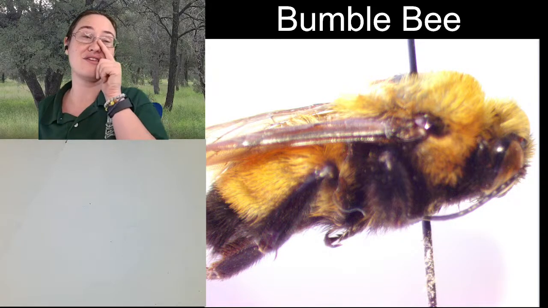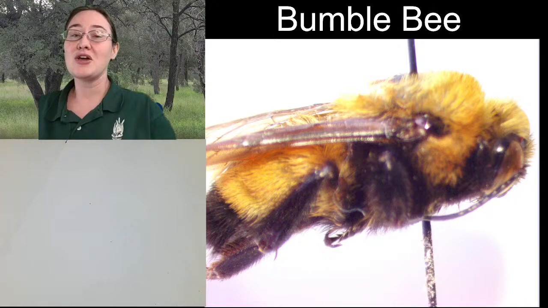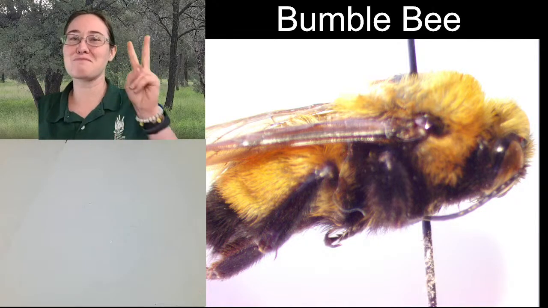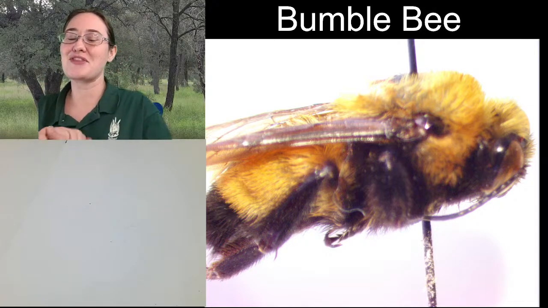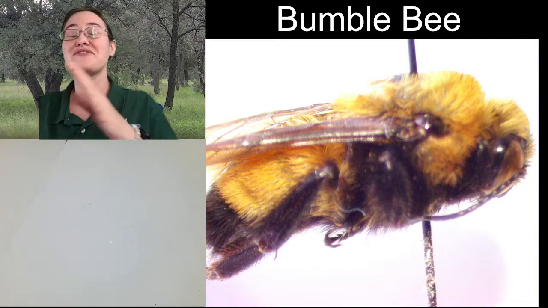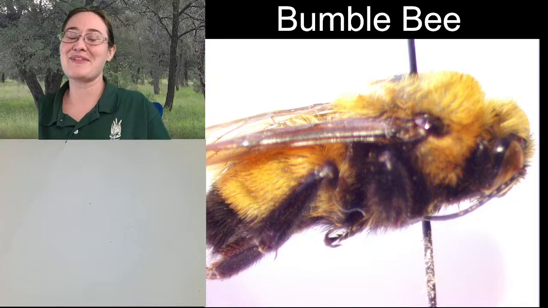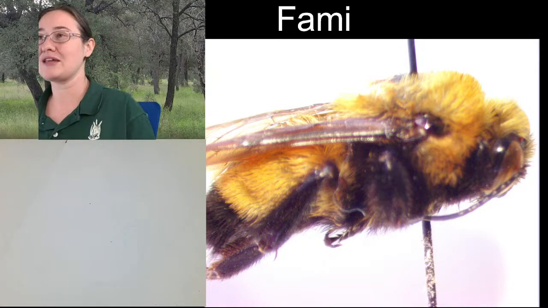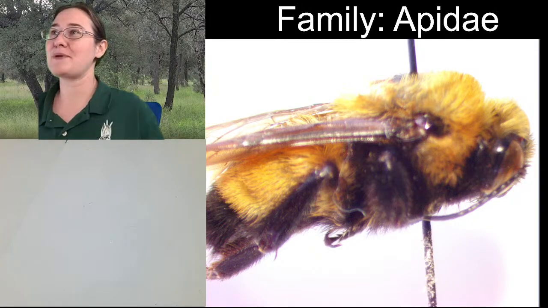They are in the family Apidae, which is generally what we consider the bees. There are other families of bees, but honeybees and bumblebees are all in the family Apidae.